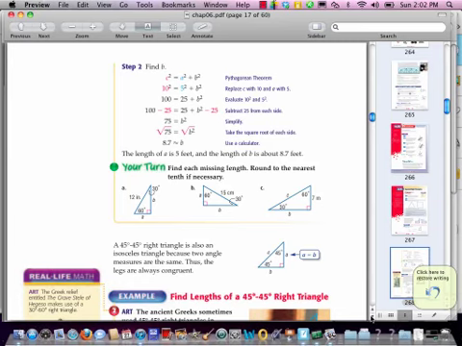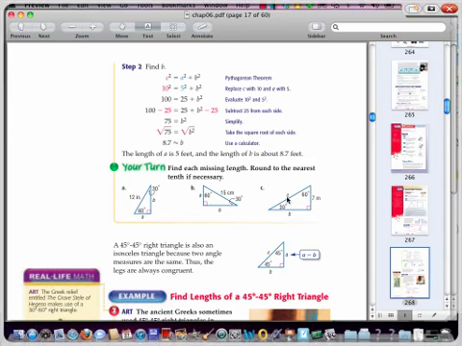Okay, and let's take a look at the last example here on C. They didn't give us the hypotenuse, they gave us A. Well, we know that the hypotenuse is 2 times A, so we know that this automatically is 14. And then once again, we've got to solve for B. So we're going to say 14 squared equals 7 squared plus B squared. And 14 times 14 is 196.